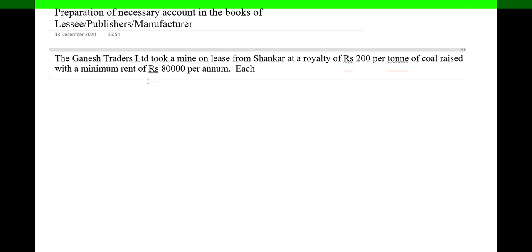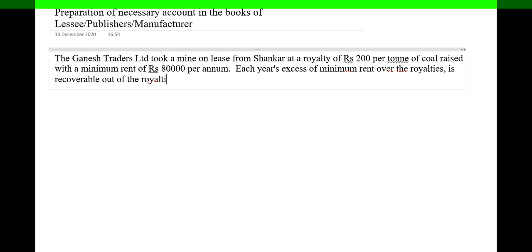Each year's excess of minimum rent over the royalties is recoverable out of the royalties of next 2 years.